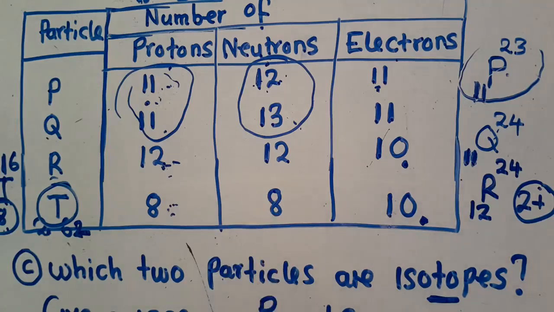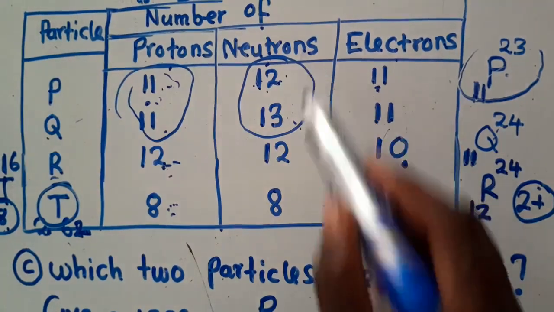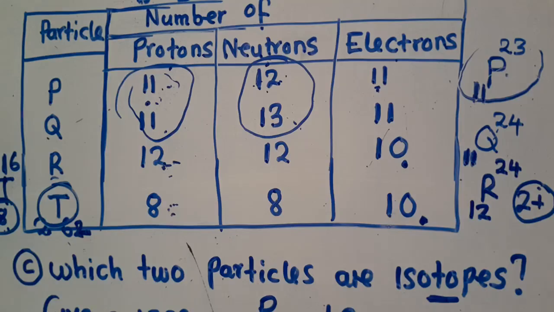But those of you that were writing same protons but different mass number, I was marking it because it is one and the same. But if you answer according to this table, you say same number of protons but different neutron number, because that is what we are able to observe.